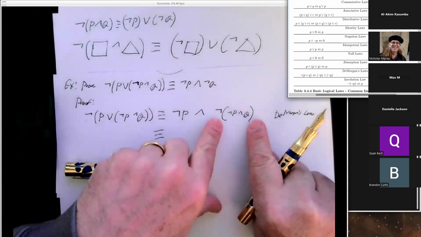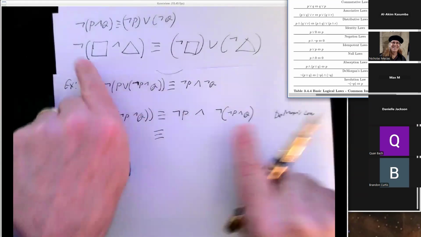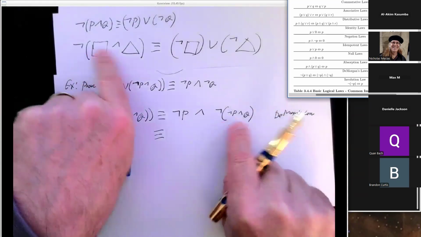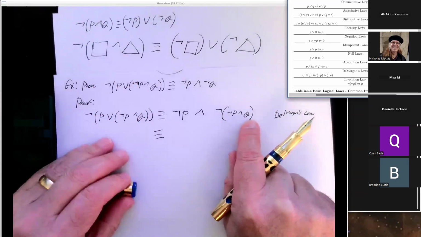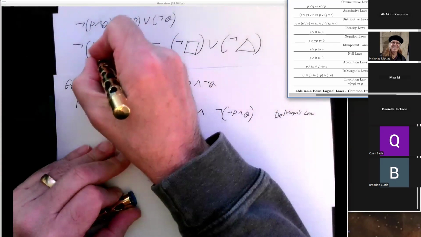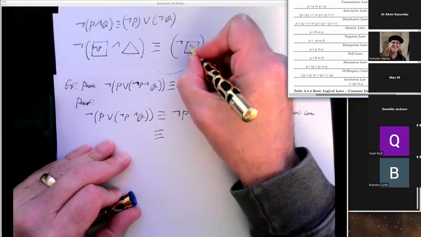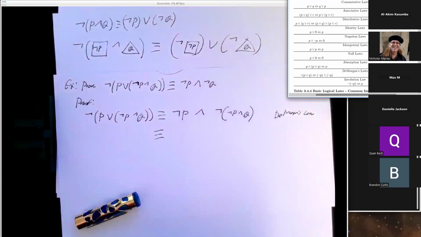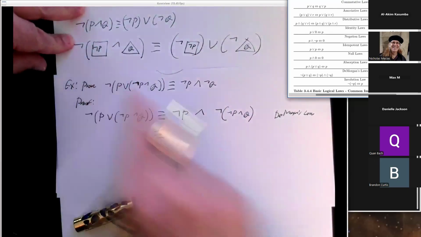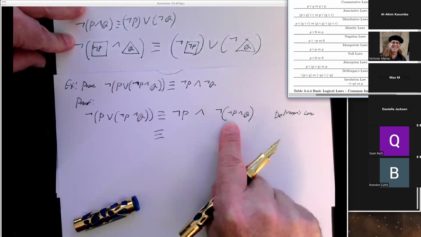And this part over here, we've got a negation of something ANDed with something. So if I put a not P in the box and I put a Q in the triangle, this left side of De Morgan's law is exactly this expression right here.